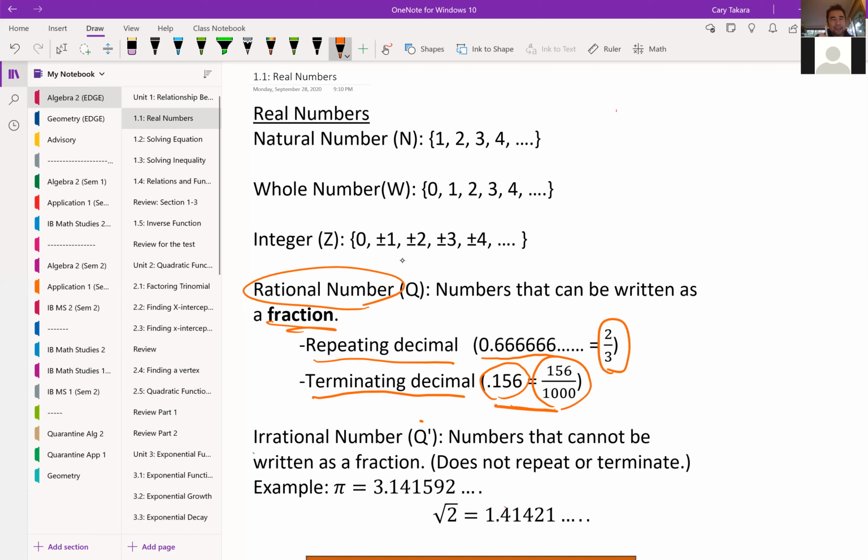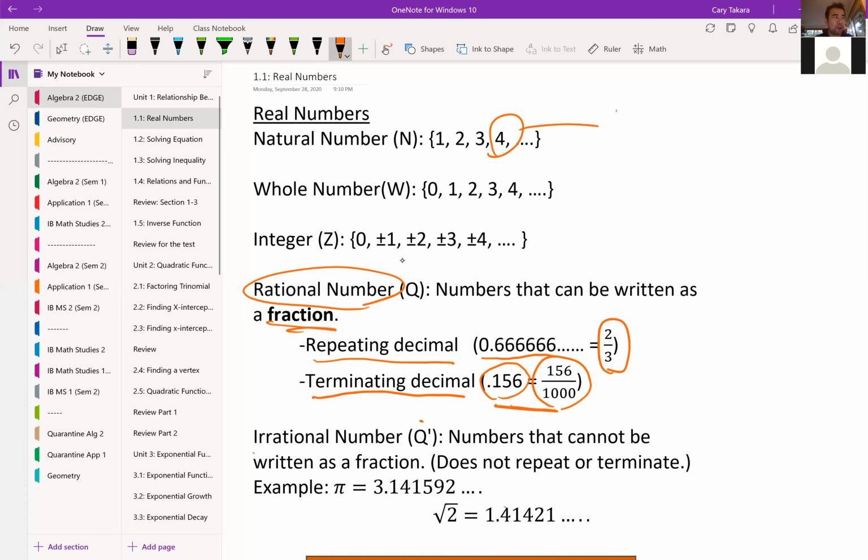Now, let me ask you guys this. Is a natural number a rational number? What would you say? Let's say 4. Is 4 also a rational number? The answer is yes.